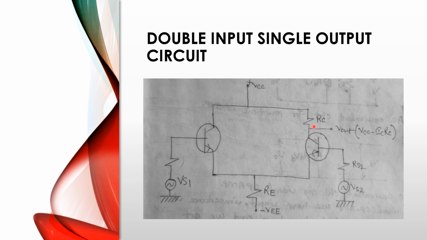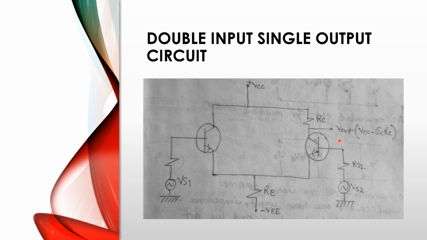That means, what will be the current through this collector terminal, through the RC resistor? The current is IC of the right transistor, which flows through the RC resistor. That's why we get ICRC here. That means VCC minus ICRC equals Vout.